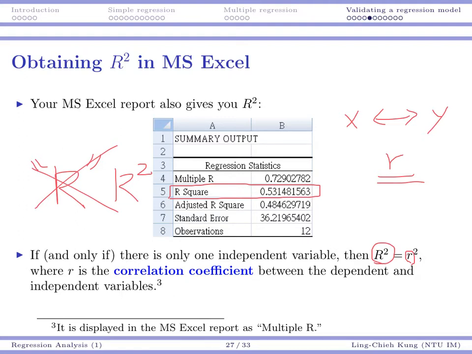So mathematically they happen to be identical, of course because of their definitions. But if you have more than one variable as independent variables, then you can say nothing about this relationship. R squared is not going to be related to the correlation coefficient in any way.